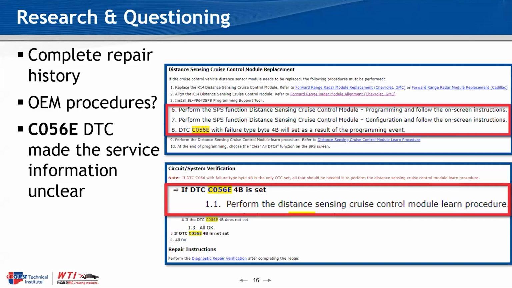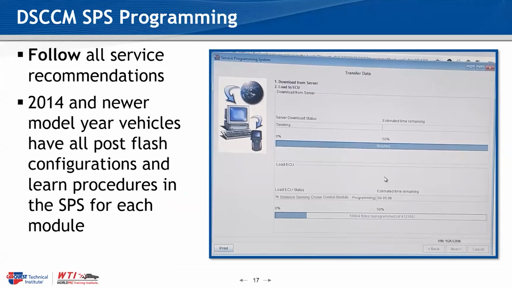To do programming and configuration, you wouldn't need another scan tool. Now to do DTC scans, all the rest of the data we need to look at, and maybe look at some live data during our test drive, you would need a scan tool to do that. But just a helpful hint, if it's a global A architecture vehicle, you actually won't need a scan tool to complete the calibration. So we programmed the module, just did an SPS event to program it.